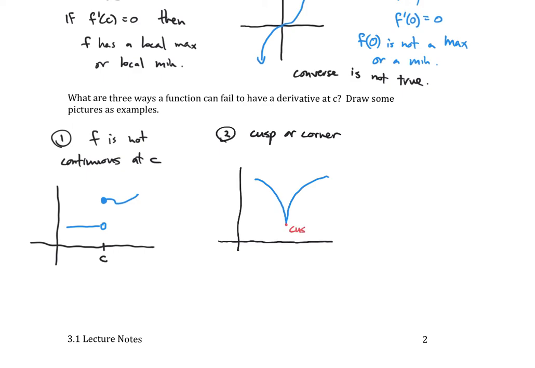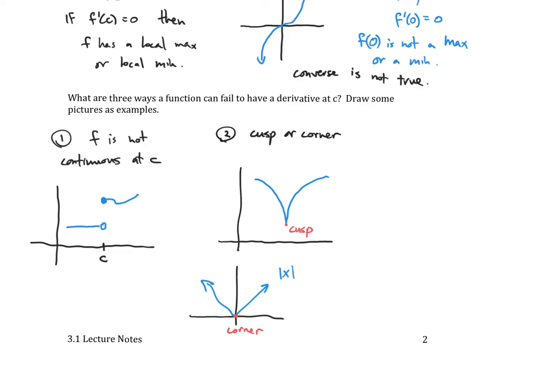That's a cusp. Another example would be absolute value. If you looked at absolute value, the graph of absolute value looks kind of like this. That's a straight line. This has a corner right here at 0.